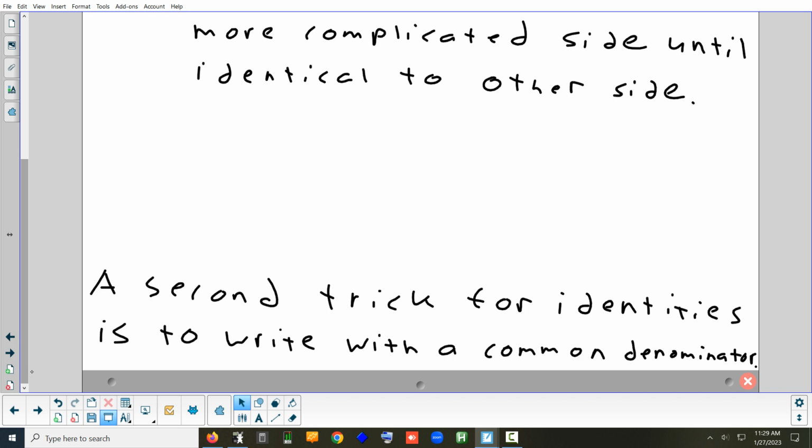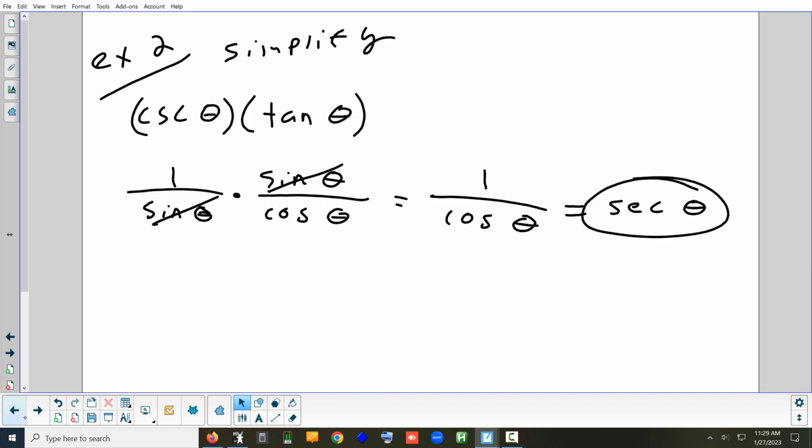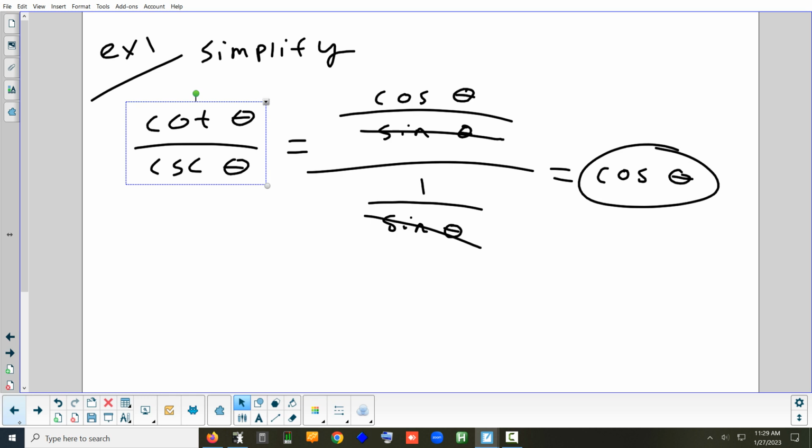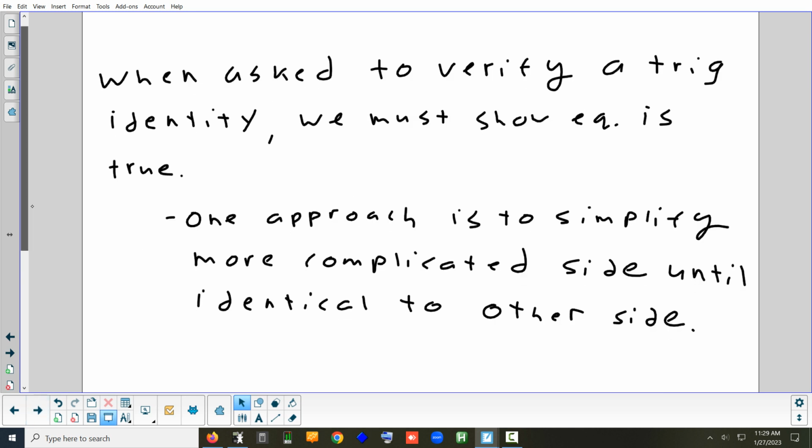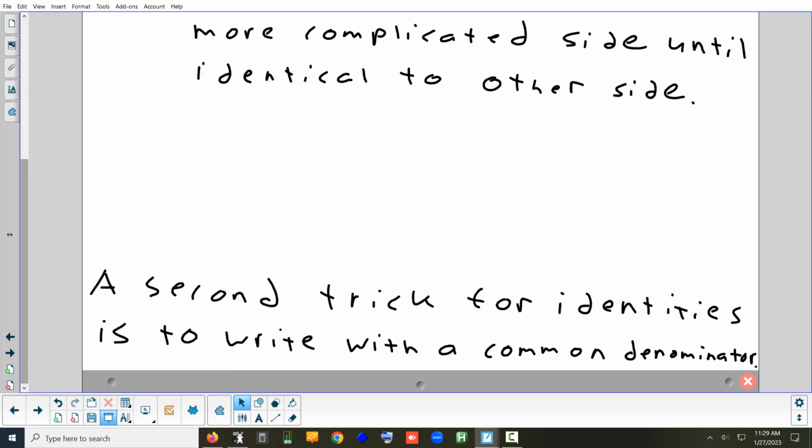Common denominator means usually addition or subtraction has to be involved, and it has to be addition and subtraction of fractions. In the second problem we did, it was multiplication of fractions. Common denominators never come up when you multiply or when you divide. So we haven't done a problem where this trick would be helpful yet.